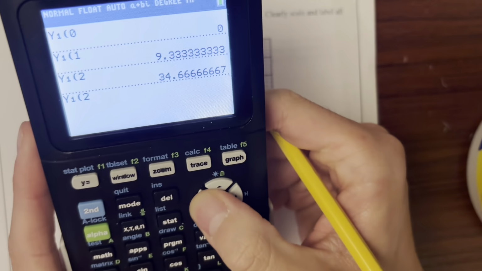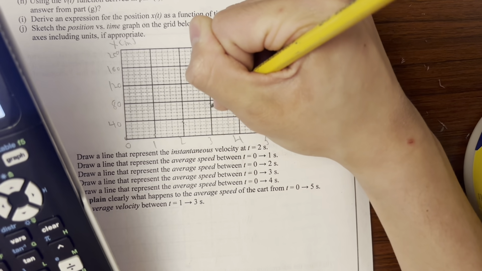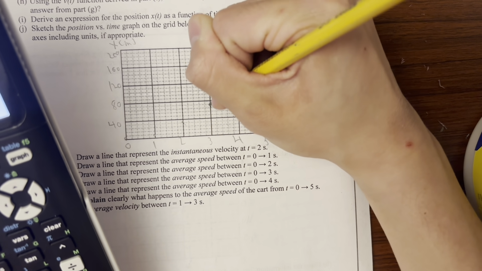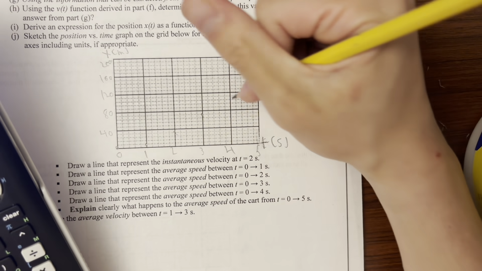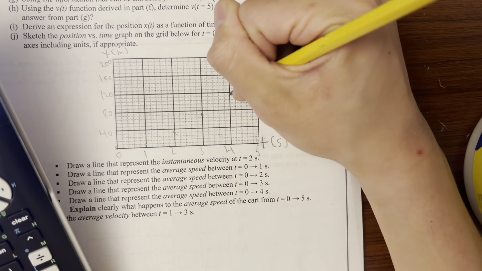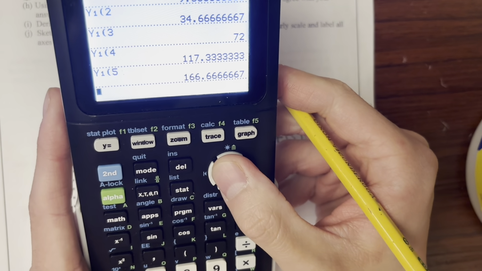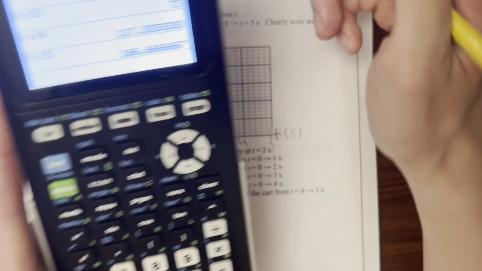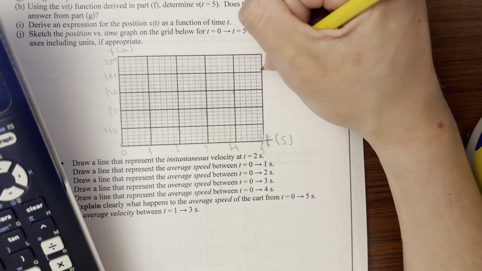Then I could do 3, which is 72. So I could put it right below the 80. And then 4, 117. So I could put it right below the 120. And then finally, 5, it's at 166, 167. So I could put it about right above this 160 right here.